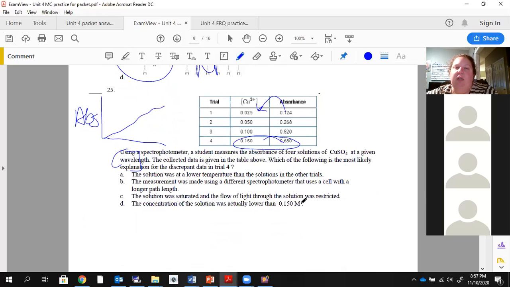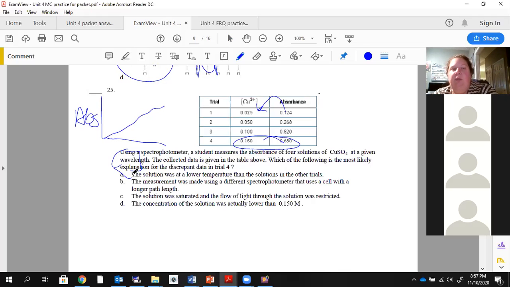So if you take a look at the ratios of the absorbance to the concentration, 4's ratio doesn't match what the other ones do. So that means 4 is off somehow. And it actually is that the absorbance is too low. That ratio is off because the absorbance is too low.